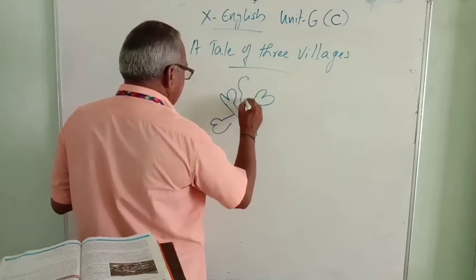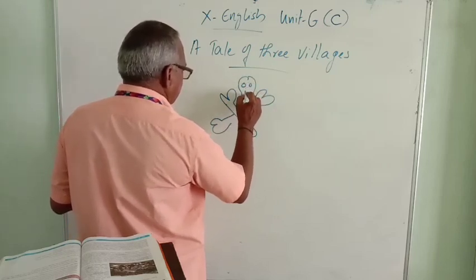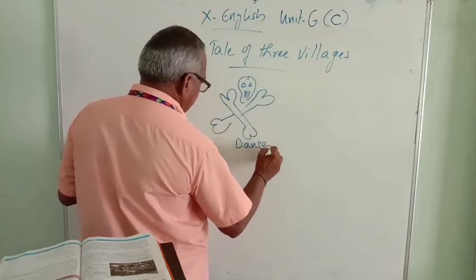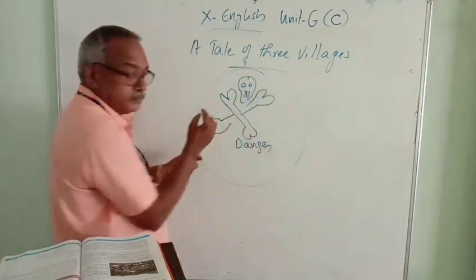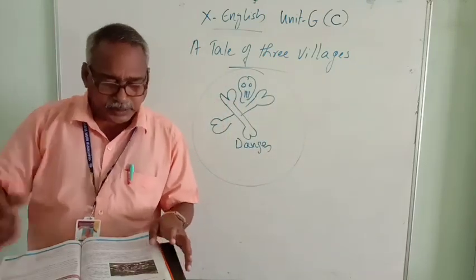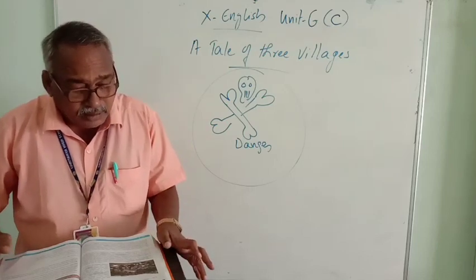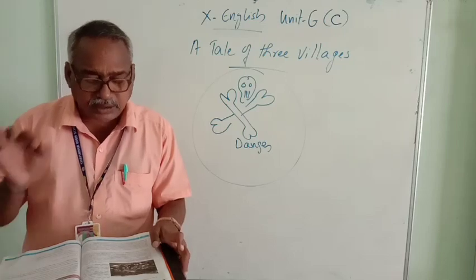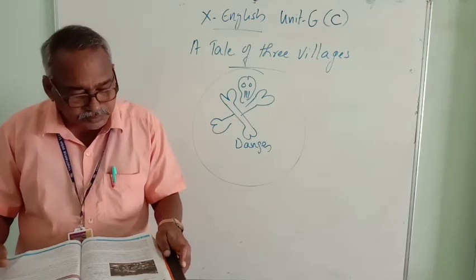They put danger here. So in the drum, even though the color is fading, the skull and the crossbones symbol clearly visible on each.